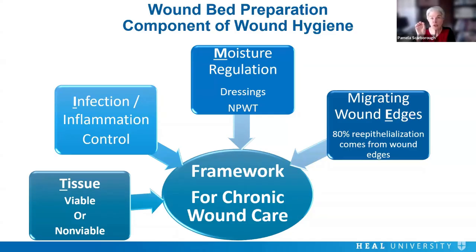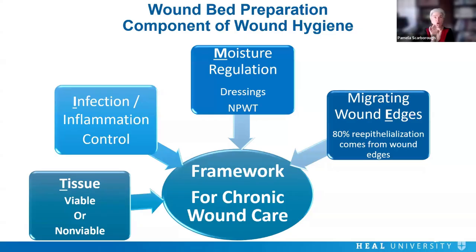And every one of those little epithelial islands in the middle of that granulation tissue is precious to you because you're going to get more epidermal resurfacing and wound closure when you have these islands.